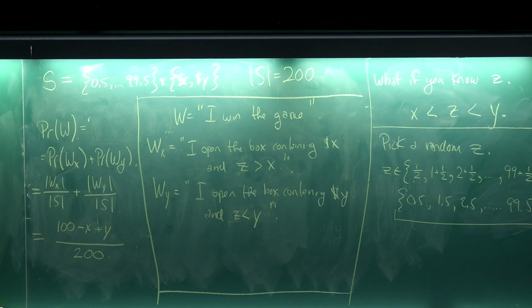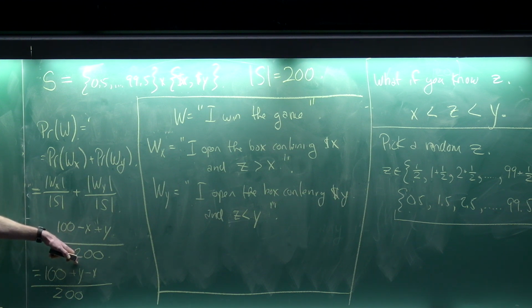And what can you tell me about this thing? I can write it another way. It's 100 plus y minus x divided by 200. So this is a half, 100 divided by 200. What about this number?